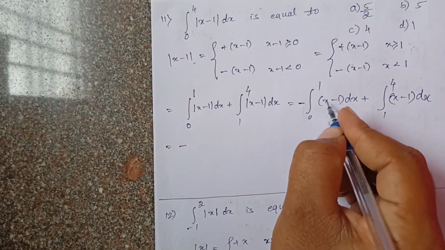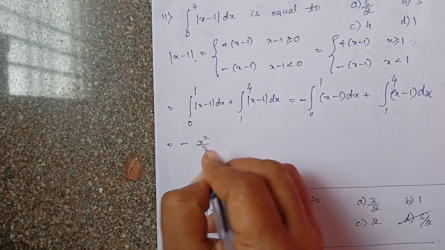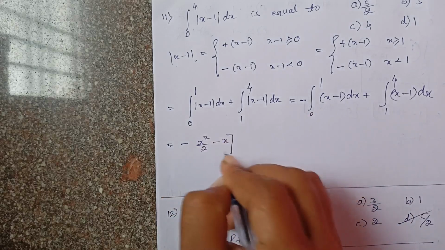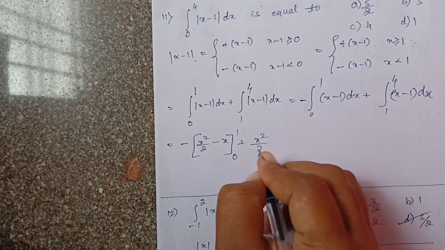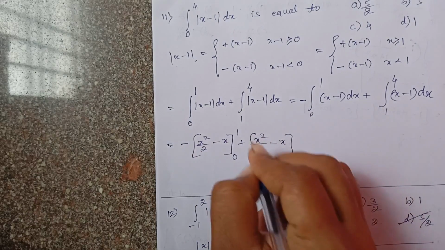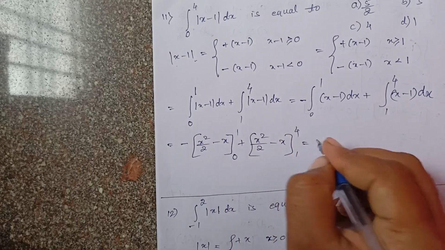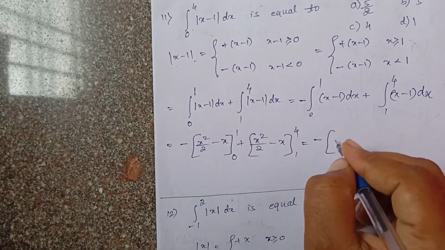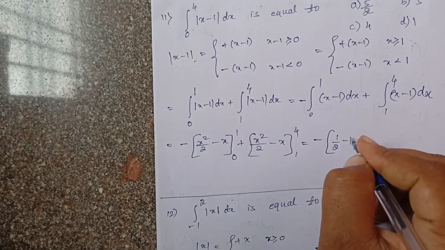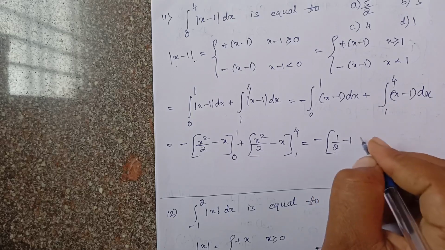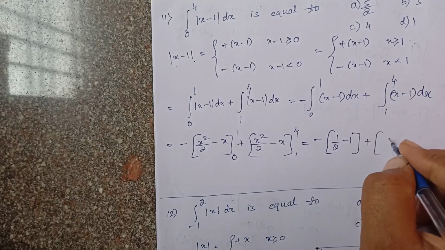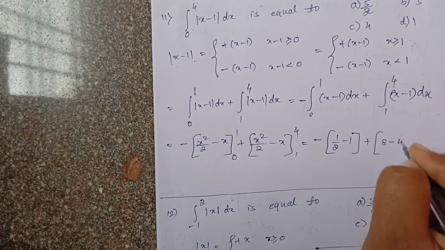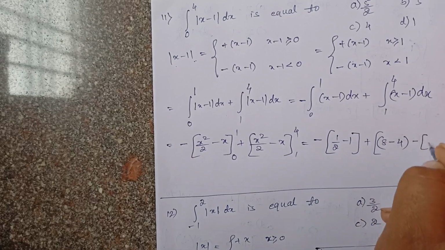Minus as it is, integration of x square by 2 minus, integration of 1 is x, from 0 to 1, plus again x square by 2 minus x from 1 to 4. This is equal to minus of, substituting the upper limit 1 by 2 minus 1, minus of substituting the lower limit, that is 0 only, plus of substituting upper limit 4 square 16 by 2 means 8 minus 4, minus of substituting the lower limit 1 by 2 minus 1.